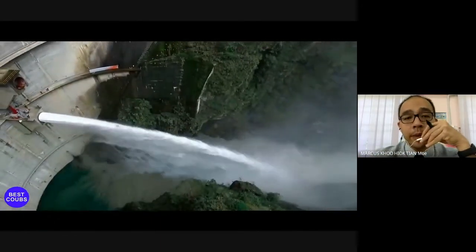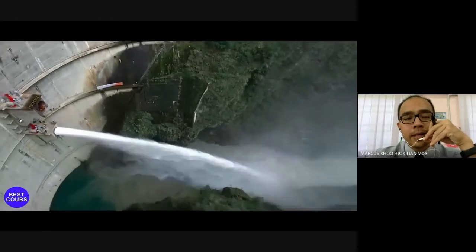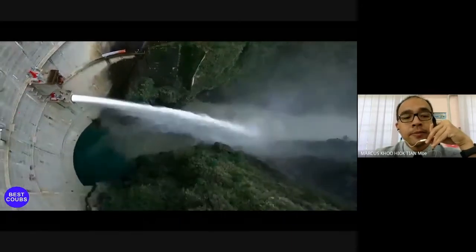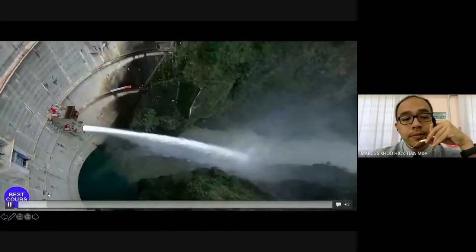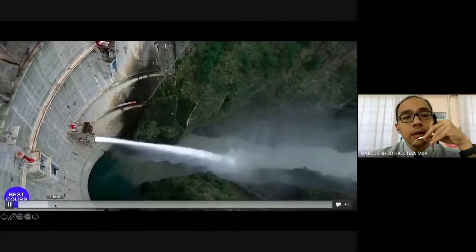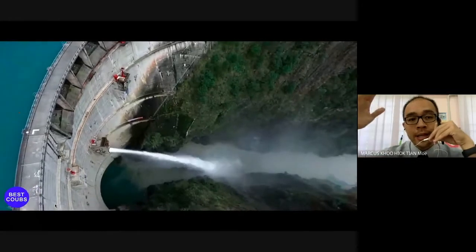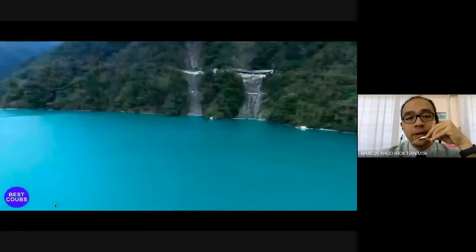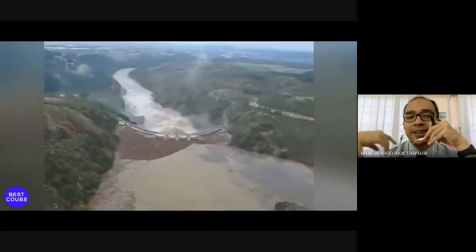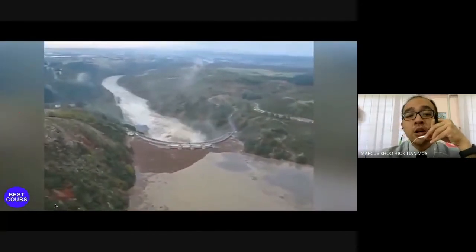It's pretty amazing. This is a dam, as in empangan. As you go higher and higher, notice how high the dam is, and notice the water behind the dam. This is another situation, also a dam.